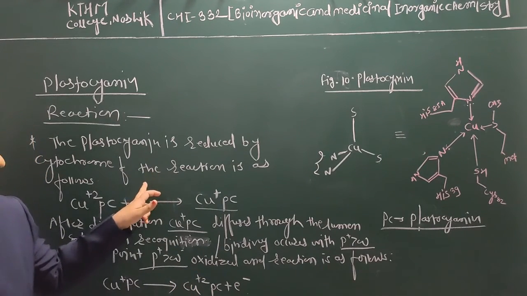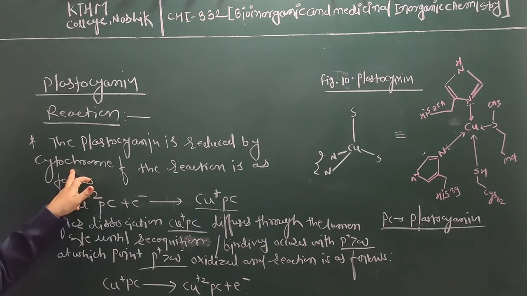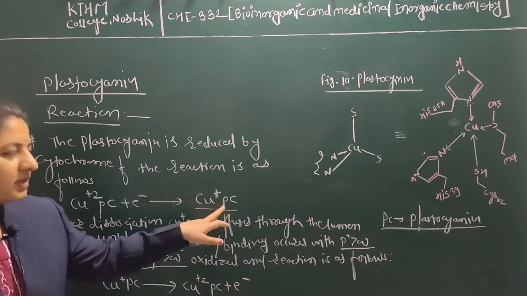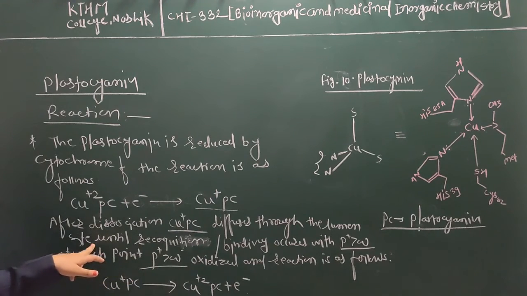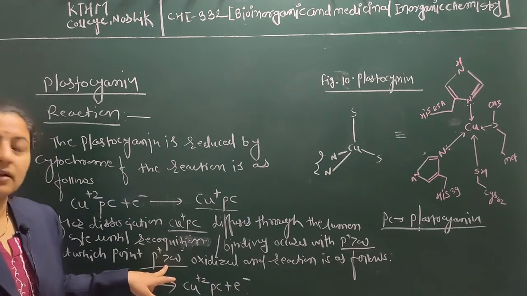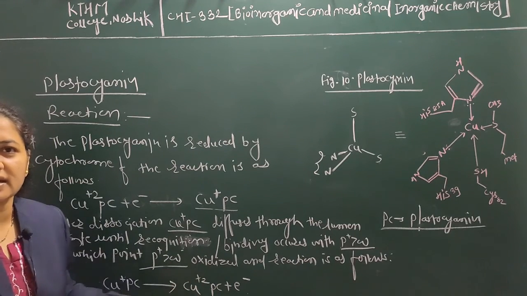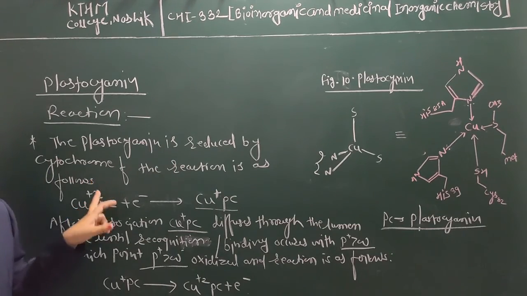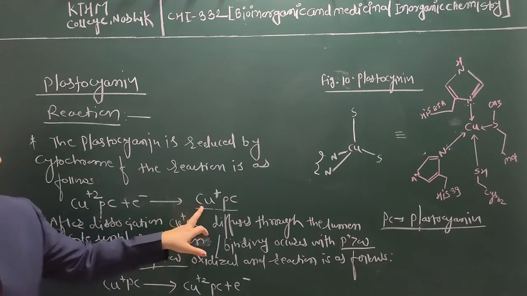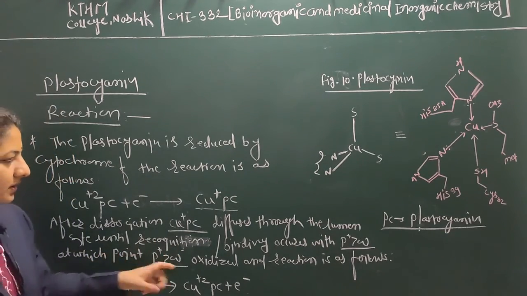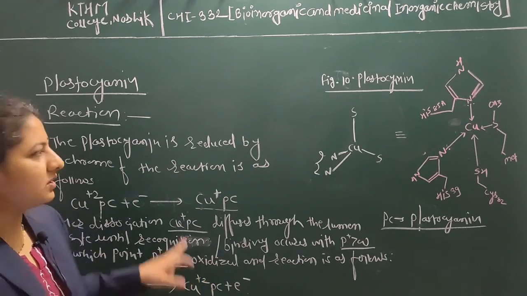First, the plastocyanin is reduced by cytochrome F. After dissociation of this copper plastocyanin, meaning oxidized plastocyanin, it diffuses through the lumen side until recognition or binding occurs at the point where it is oxidized by plastocyanin P700, and the reaction is exactly opposite to the first one.